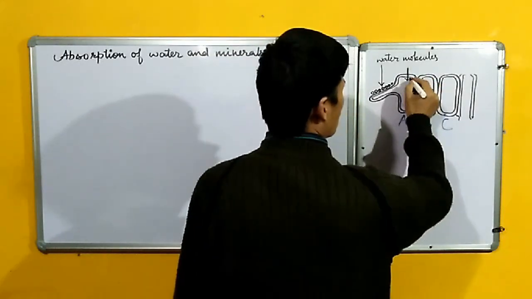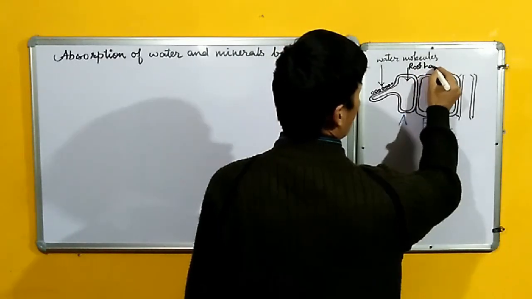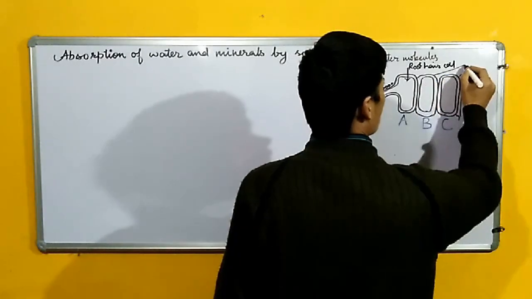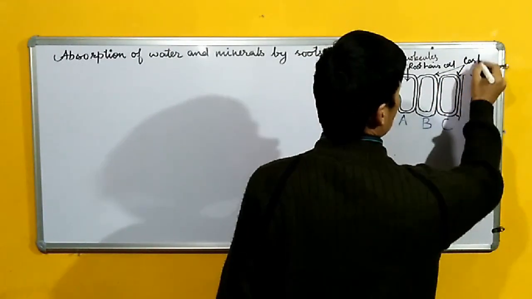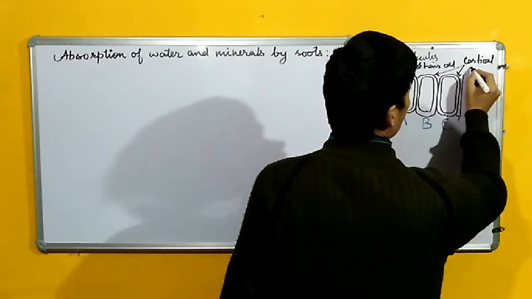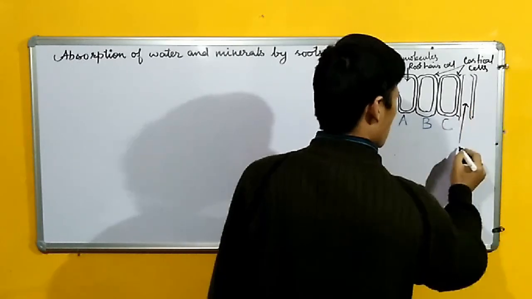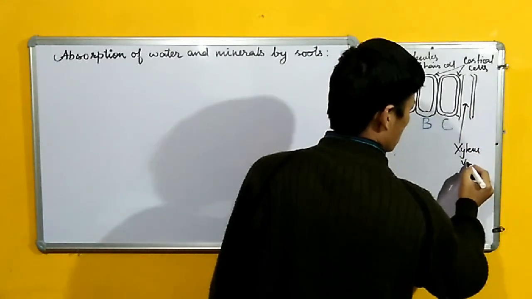So this is our root hair cell. And these 2 are the cortical cells. And this one is the xylem vessel.